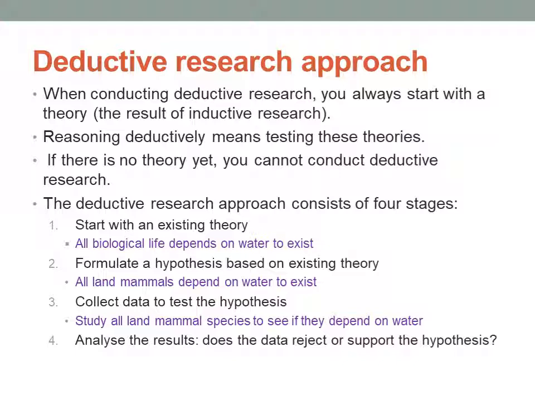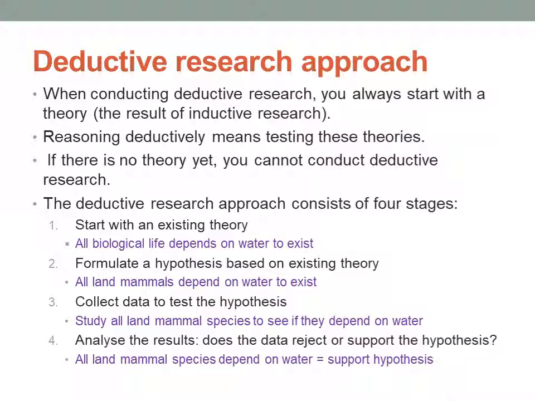After you analyze the correlations, relationships, and patterns in the data, you check whether your analyzed data support the hypothesis or reject it. So all mammal species depend on water equals support for the hypothesis.